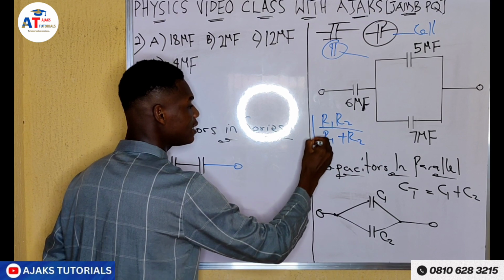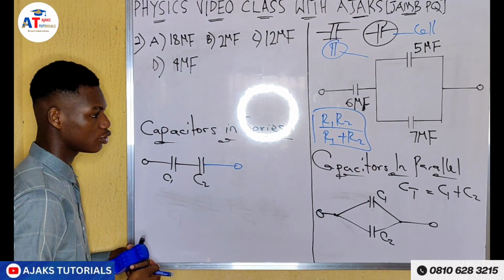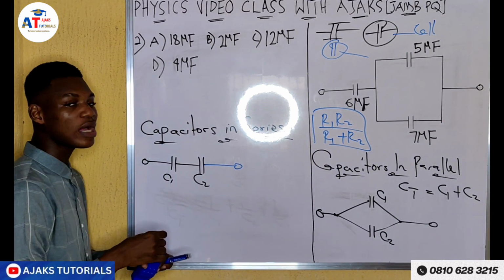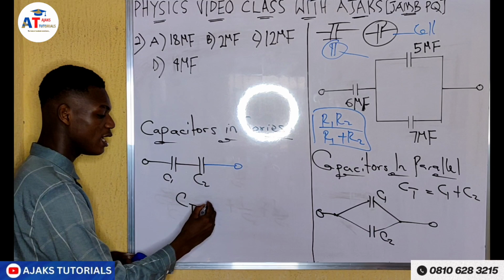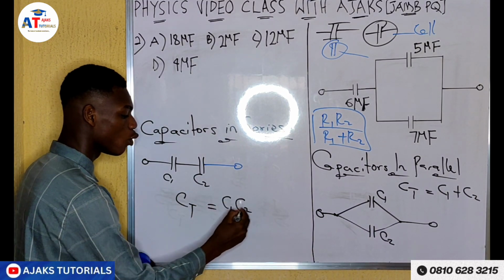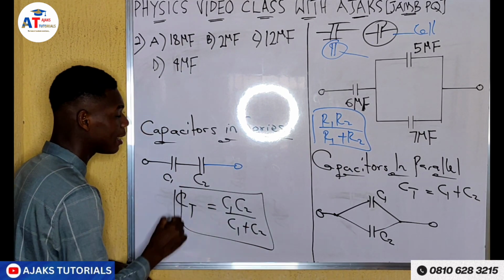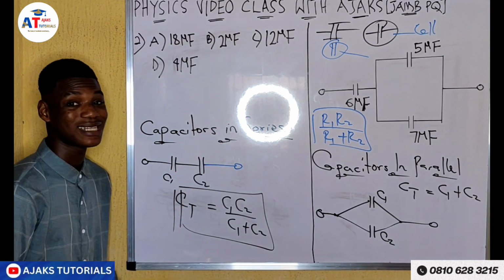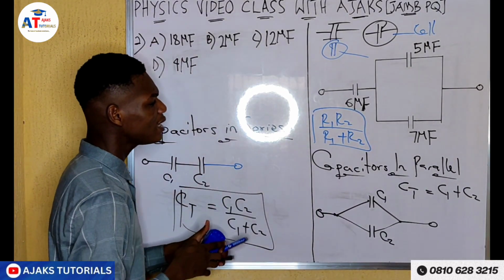This same thing applies to capacitors in series. So when two capacitors are connected in series, the effective capacitance CT is equal to C1 C2 over C1 plus C2. Since these are JAMB questions we are treating, it's very important to understand this concept of capacitors in series connection. Now let's dive into the question.